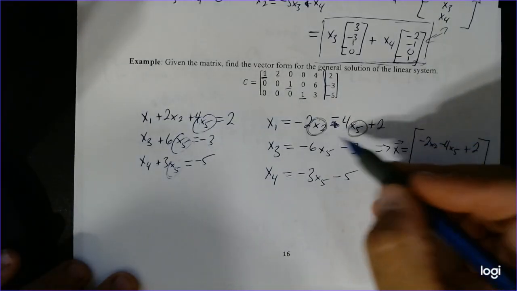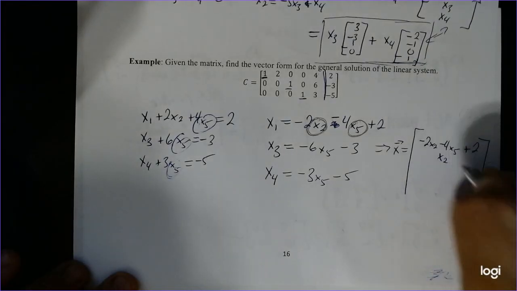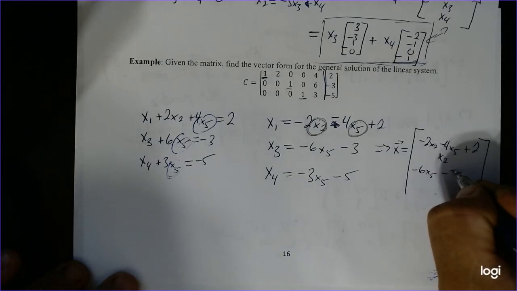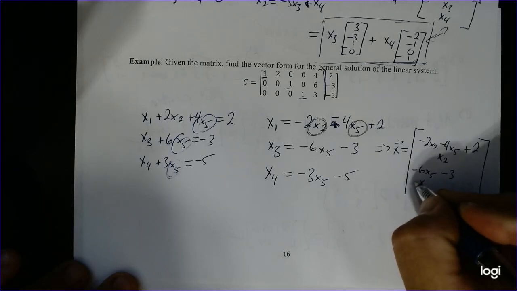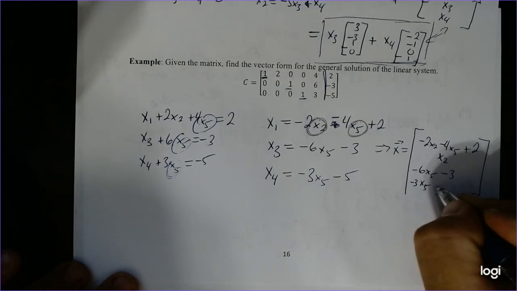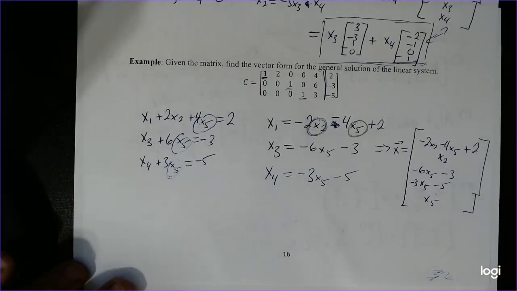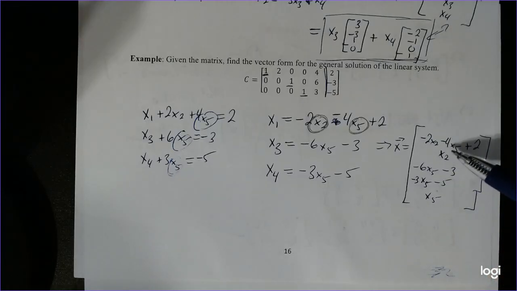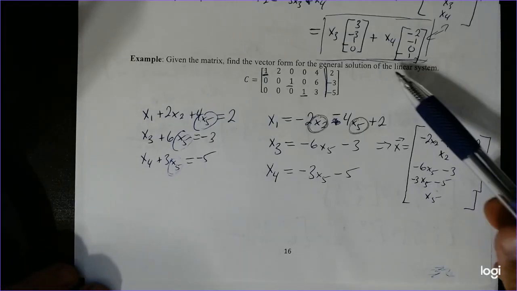All of these are going to have x2's and x5's. So this is going to be x2, x3, x4, and x5. Like above, this is going to be a combination of two different vectors, x2 and x5, with another one we'll talk about later. But for now, let's do the ones we can copy from above.